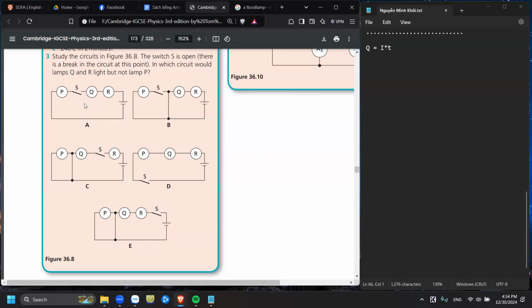For circuit A, you can see here, it's a series circuit. The flow has to come from the battery and get out. But the problem is, it's broken here. And the flow has nowhere to go back to the battery. So there won't be any flow of electrons or current at all in A. So all three of these lamps will be darkness, no light.